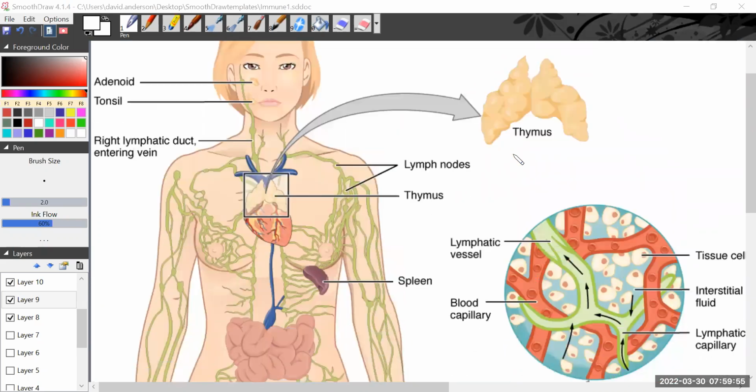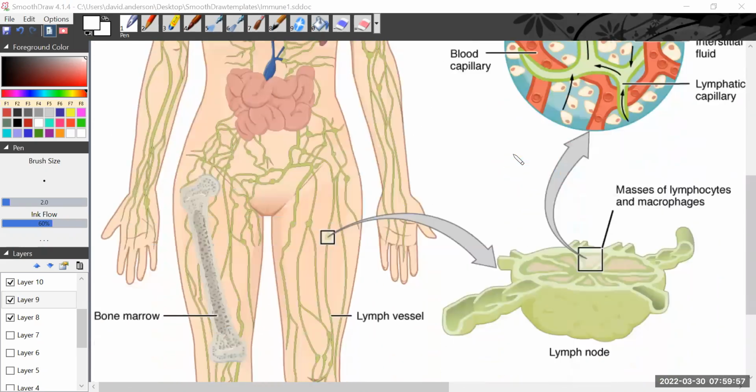I'll show you that in just one second, but just to get a little bit of an idea, these lymph vessels are going to be found all over the body. And if we followed them, we could follow lymph from, for example, this knee joint area, and it would be traveling upward.